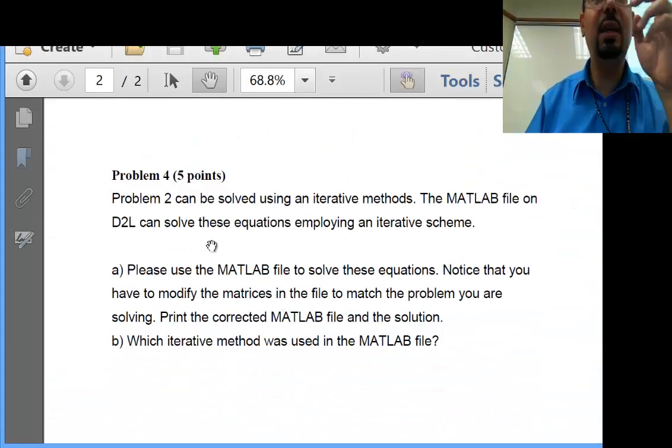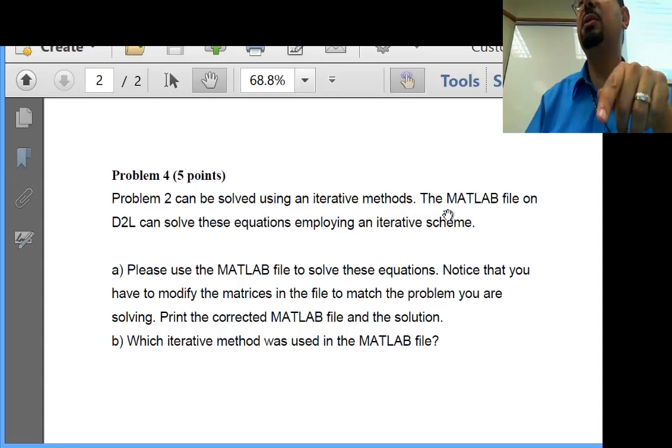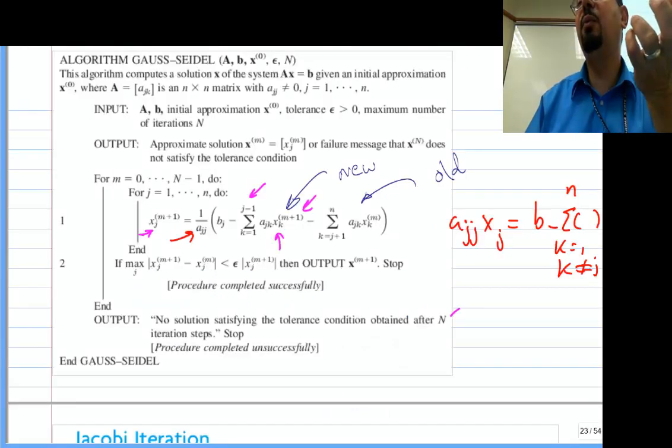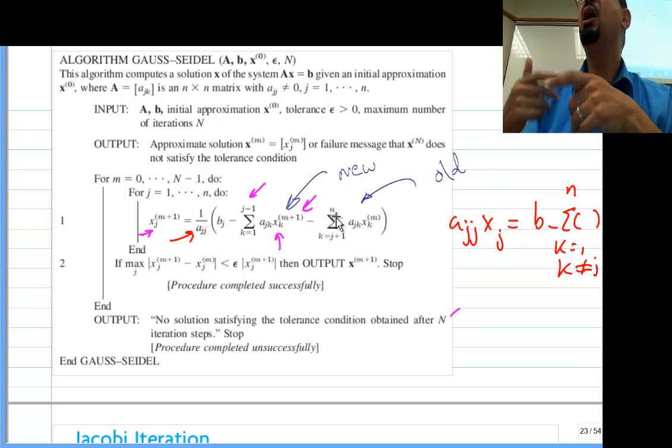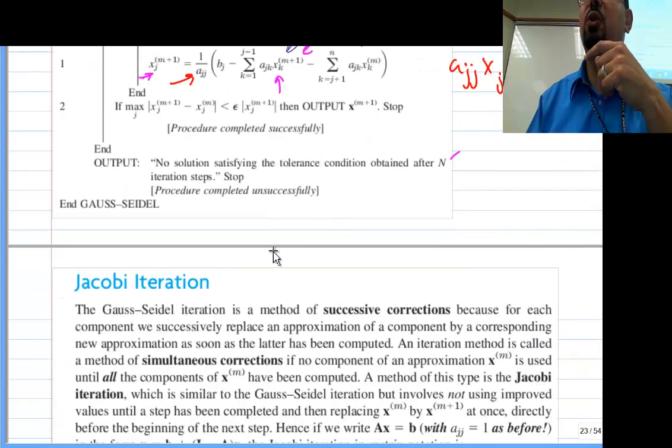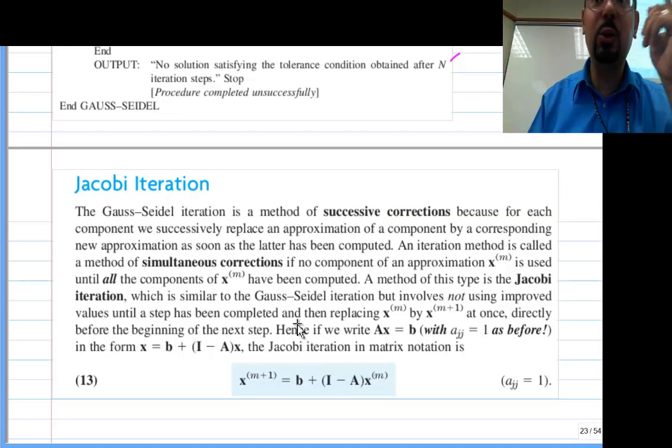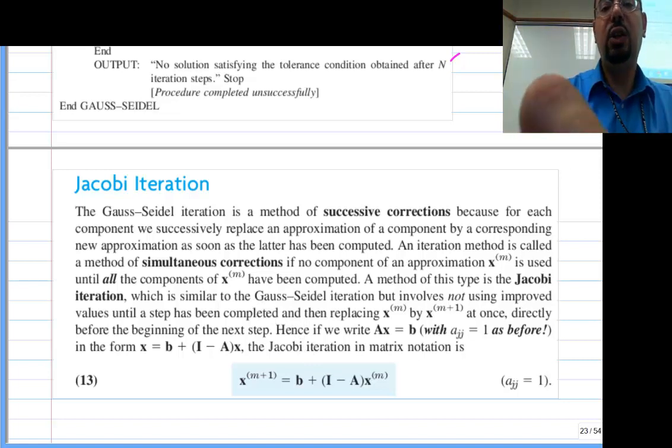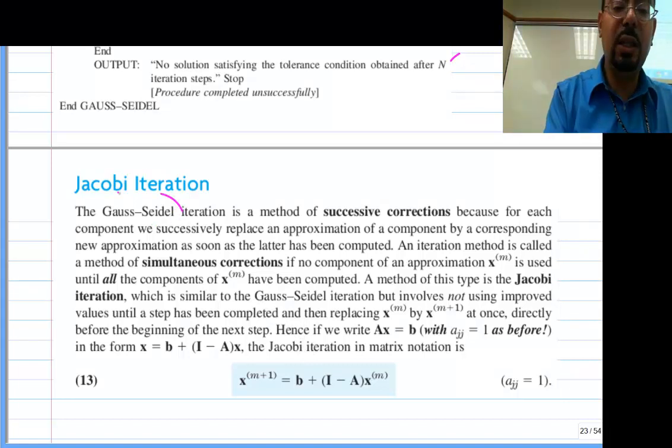So that's exactly the last part of the homework. The last homework problem says problem 2 can be solved using an iterative method. Use the MATLAB file on Desire2Learn to solve this equation employing an iterative scheme. Then it asks which iterative method was used in the MATLAB file. So I want you to look at that MATLAB file and tell me, is it this or the one without updating? It's actually Jacobi. The Jacobi method is the one without updating.